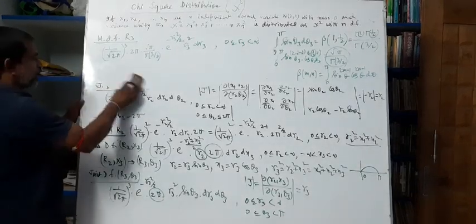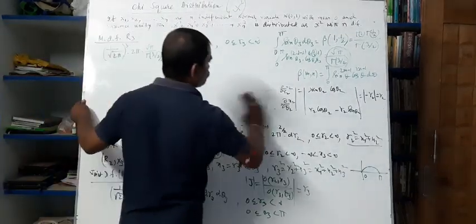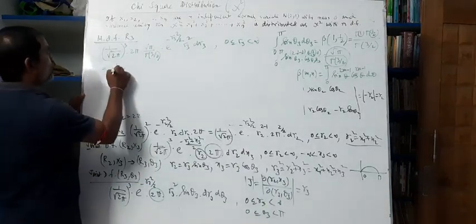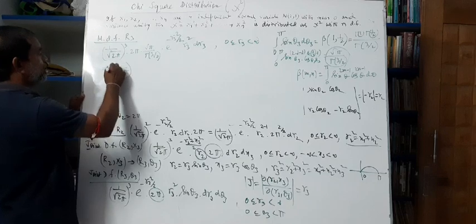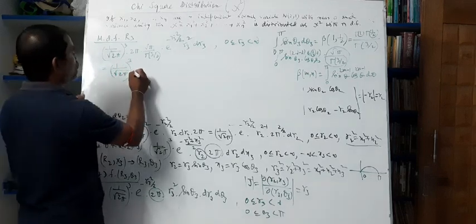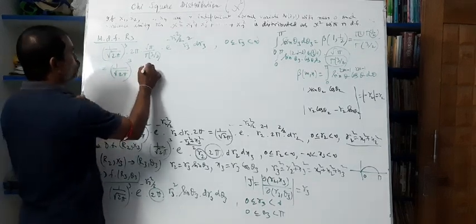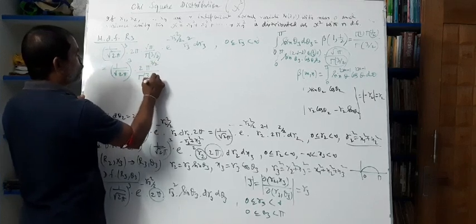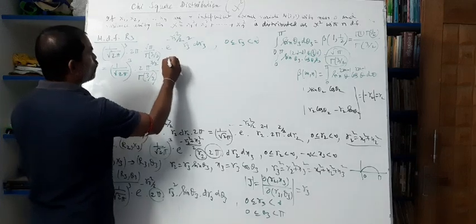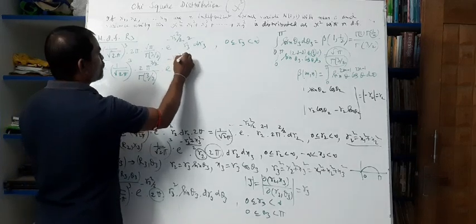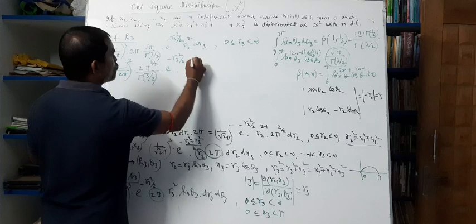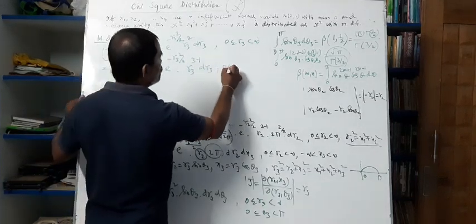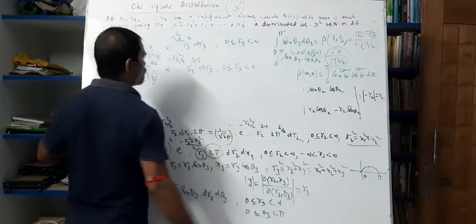This can be written in the form 1 by root over 2 pi whole cube into 2 into pi to the power 3 by 2 divided by gamma of 3 by 2 into e to the power minus R3 square by 2 into R3 to the power 3 minus 1 d of R3, 0 less or equal to R3 less than infinity.